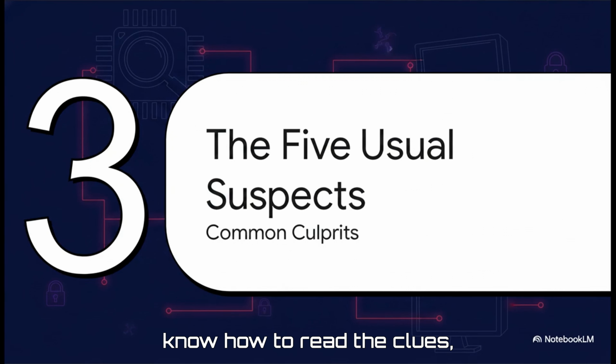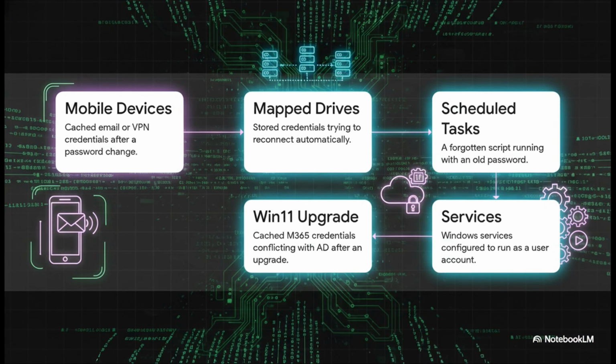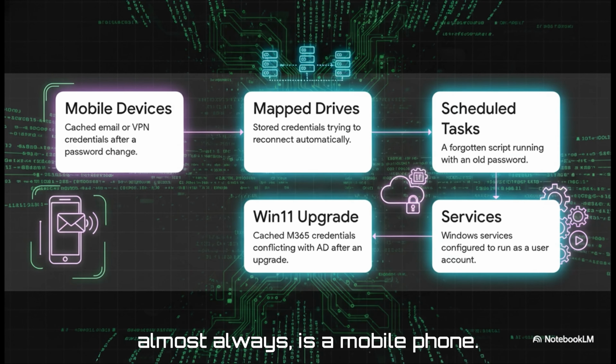Okay, so now that we know how to read the clues, let's look at the police lineup of our most common offenders. And let me tell you, it's almost never the user just typing their password wrong 5 times. The culprit is usually a machine or a process using an old, cached password. And here they are. Suspect number 1, and I mean almost always, is a mobile phone.